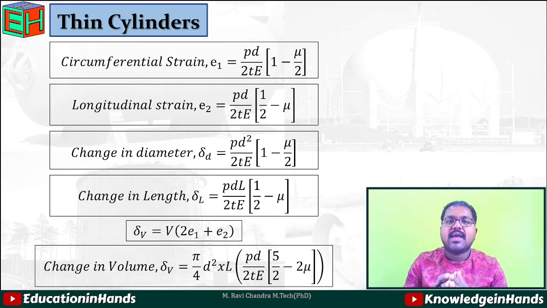So here we have circumferential strain e1, longitudinal strain e2, change in diameter delta D, change in length delta L, and change in volume delta V. Using these formulae, let us now solve some problems.